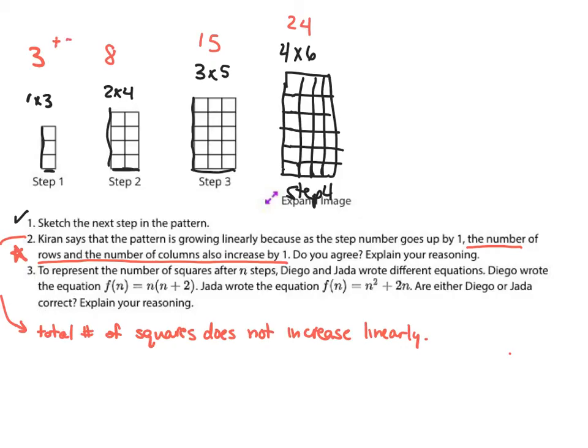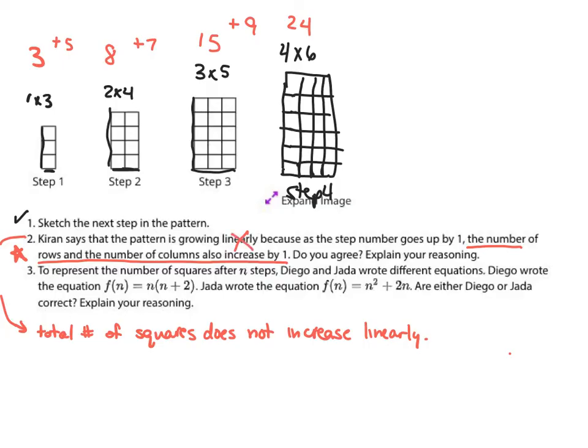So here I have a plus 5, plus 7, plus 9, not linear. Okay, so the total number of squares does not increase linearly, even though the number of rows and the number of columns increases by 1.